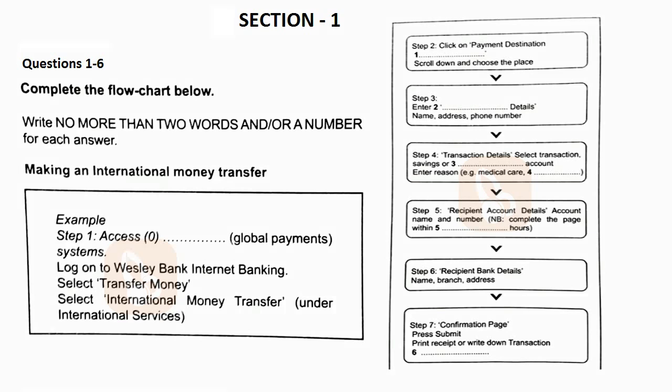Section 1. You will hear a telephone conversation between a bank representative and a client who wants to make an international money transfer. First, you have some time to look at questions 1 to 6.